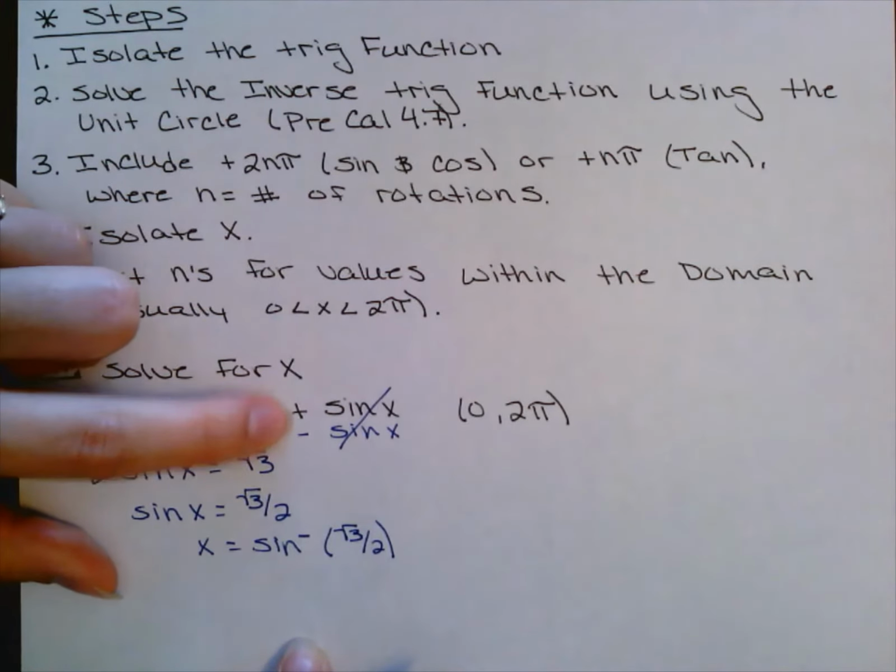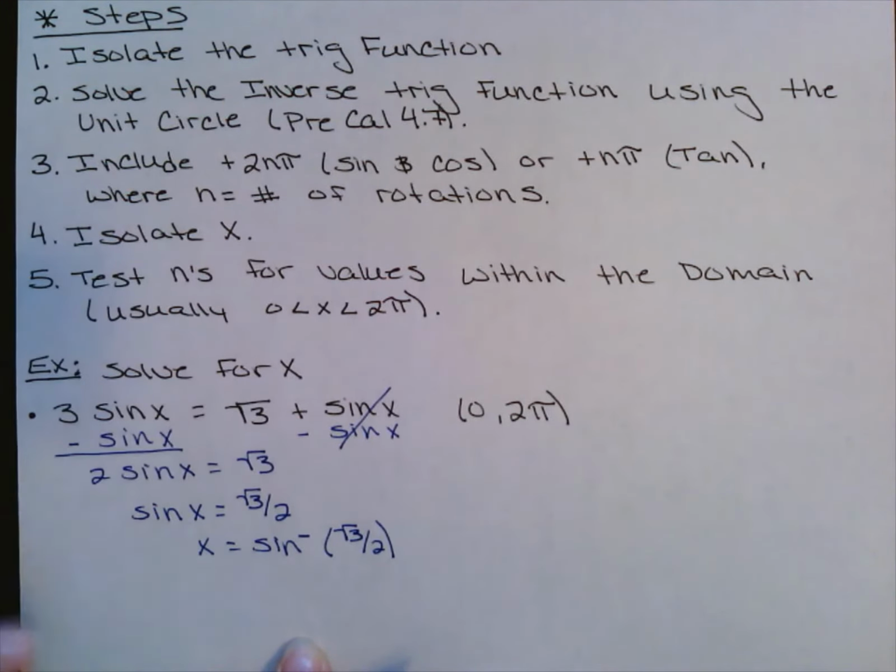Here I had a positive sine, so I subtract a sine. The inverse operation of sine, how to isolate it from the x, is literally just, oops, I forgot my little one, inverse sine of that value. So now in 4.7, I know that for sine, I use the right side of my unit circle. And sine of x is equal to radical 3 over 2 at pi over 3.